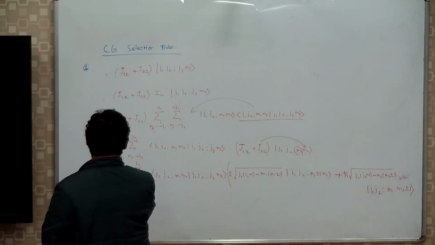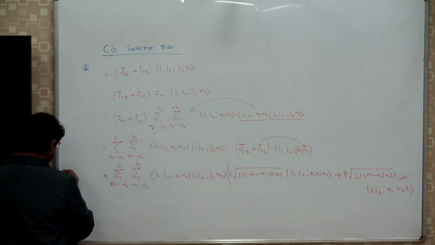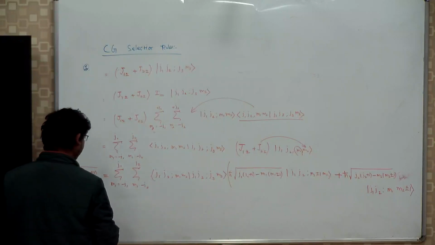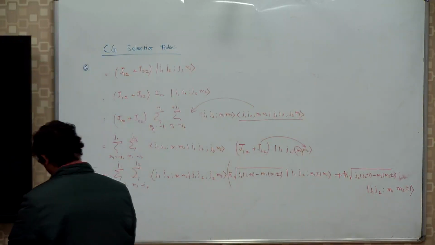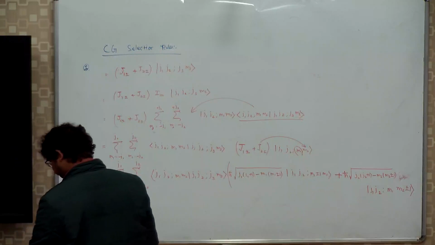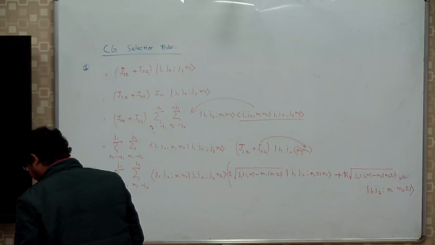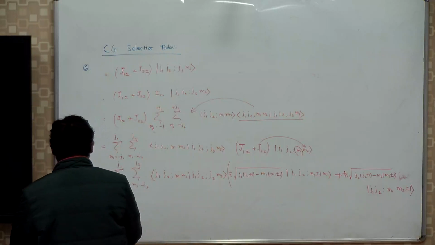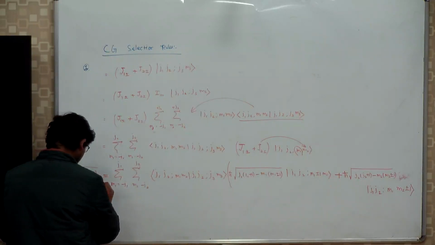This is nothing but h cross times the square root of j3 of j3 plus 1 minus m3 of m3 plus or minus 1, then j1 j2 j3 m3 plus or minus 1.